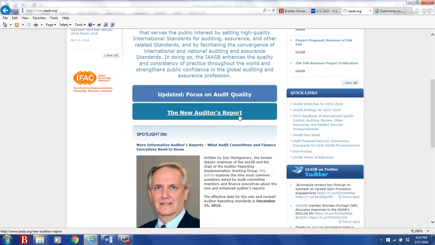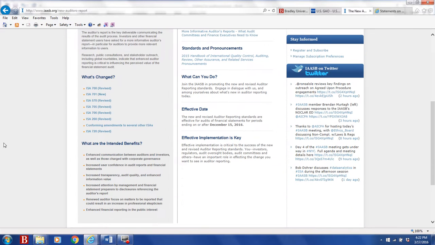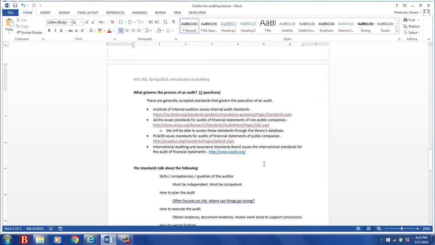So here's a link on a new audit report, and they've got some additional links here that talk about the organization of the report and the criteria needed to be met before a report is issued. Rest assured that the standards are pretty complete for international organizations. So again, be aware of the 4 organizations mentioned here, who they are, and what type of standards that they issue.